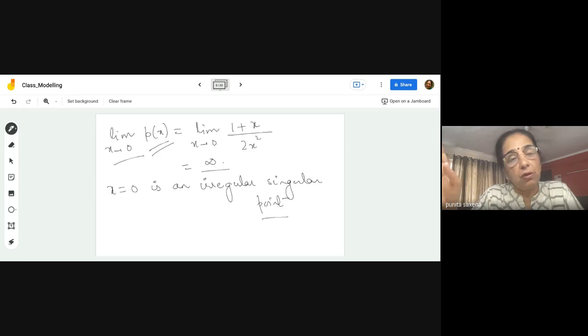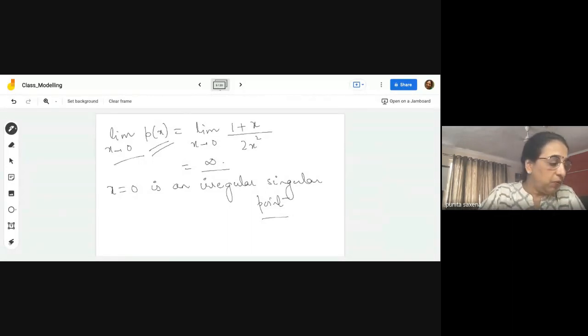Sin x by x is a standard function and we know the limit. But when we are evaluating the limit as x tends to 0 of p(x) or q(x), we might end up with indeterminate forms. But we know how to compute the limits for indeterminate forms as well. So computing limits will never be a problem.